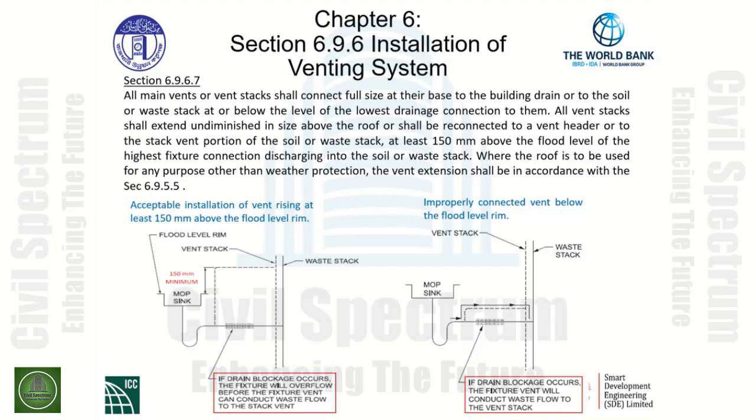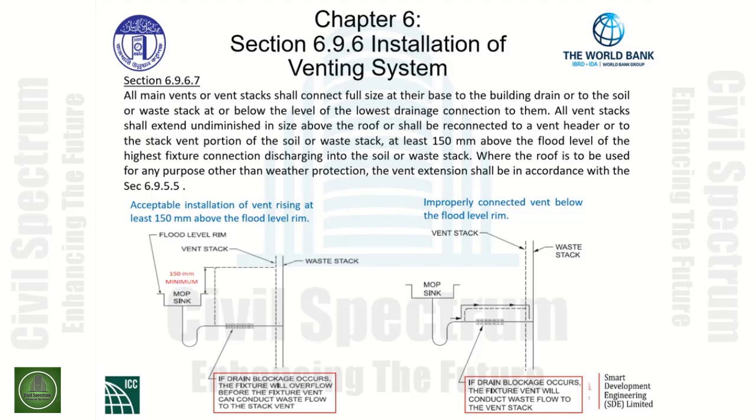The graphic indicated on the left-hand lower section indicates an acceptable installation of vent rising at least 150 millimeters above the flood level rim of the highest fixture. The waste stack is indicated on the right-hand side that receives the discharge from this particular fixture.